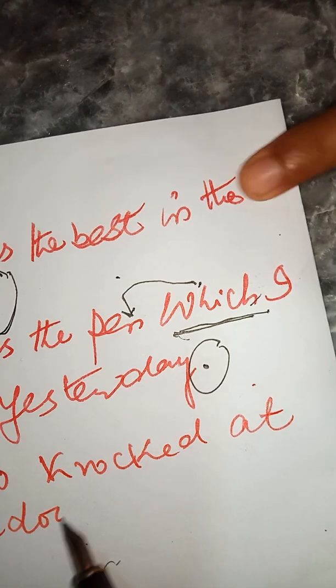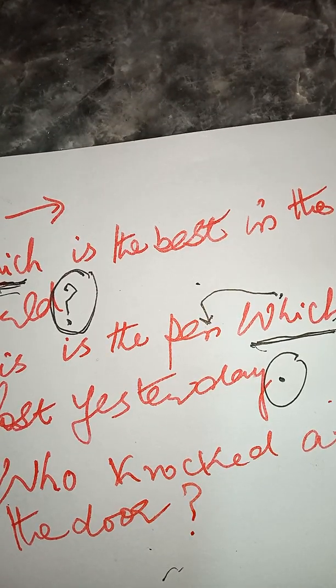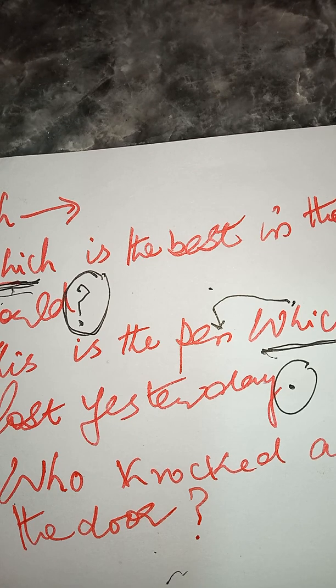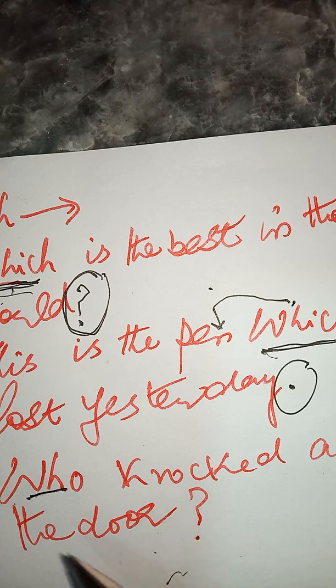This sentence, who knocked at the door, at the end there is a question mark. So similarly, as I have told you, what is this who, the underlined word who? Is it a relative pronoun or is it an interrogative pronoun? How are we able to differentiate between these two?